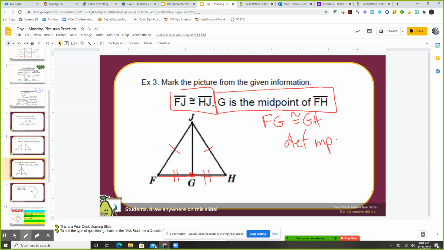Okay. There's one more thing I can mark here. What can I mark? What's the reflexive side? What occupies the same space?